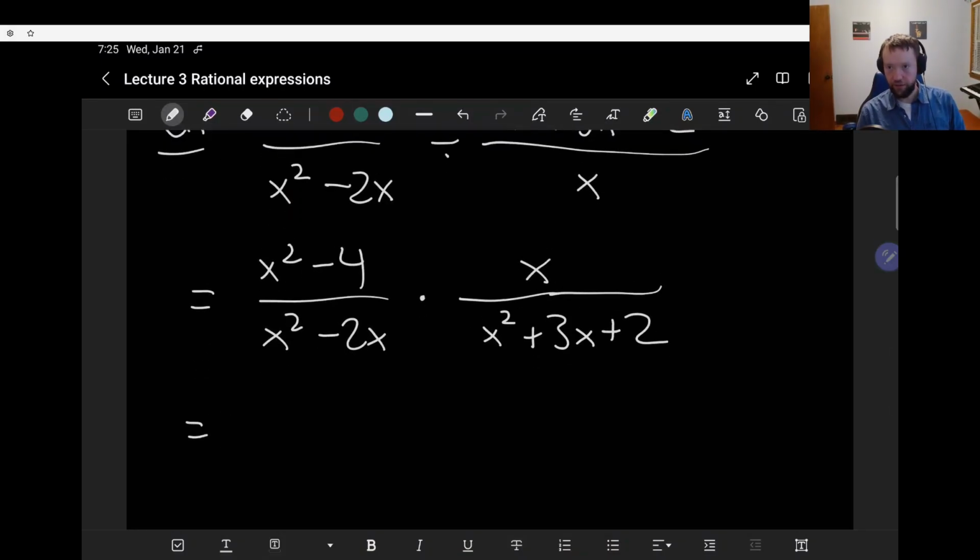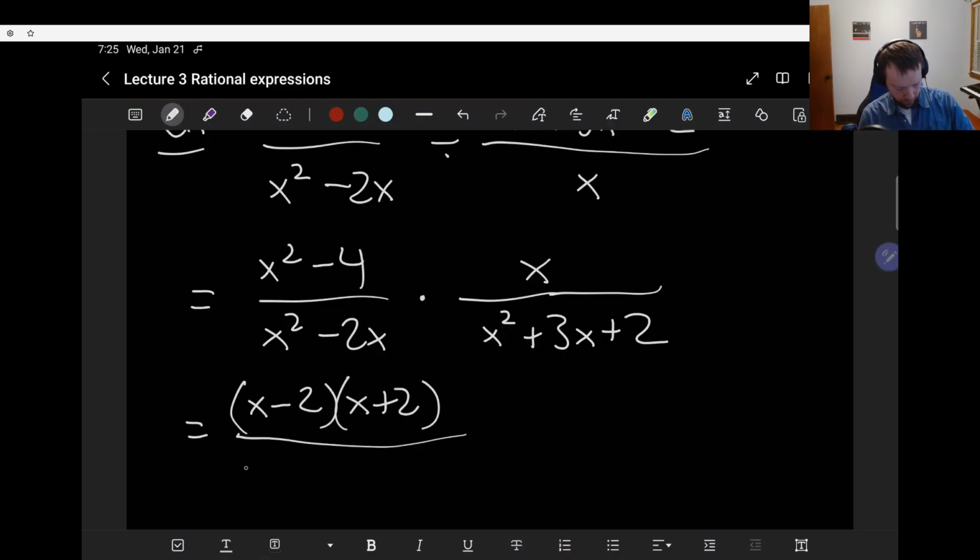We want to see if any reduction can be done. So I want to factor whatever polynomials I can. x squared minus 4, that's a pretty well-known one. Okay, notice here, I've got this common factor in each term, x.